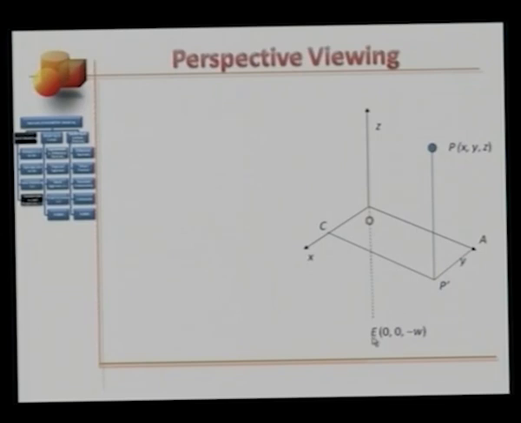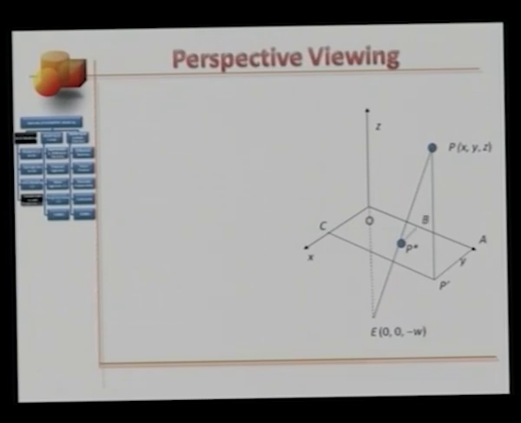So E is our eye position with coordinates 0, 0, and minus W. Next, we join the points E and P. The essential idea is to view the perspective of point P on the xy plane as seen by the eye E. In other words, you would like to know how this point P star is positioned on the xy plane. P star is the perspective image of point P.